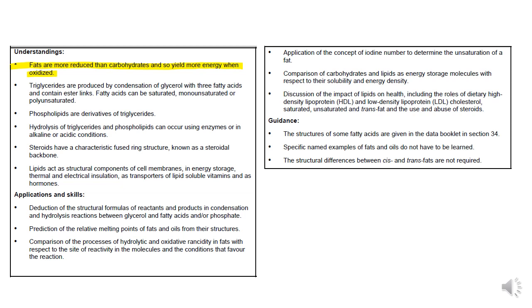We then talked about phospholipids being derivatives of triglycerides. We talked about alkaline and acidic conditions. We talked about cell membranes, energy storage, and thermal and electrical insulation. We looked at the melting points of fats and oils, and we talked about carbs versus lipids in terms of energy density and solubility.